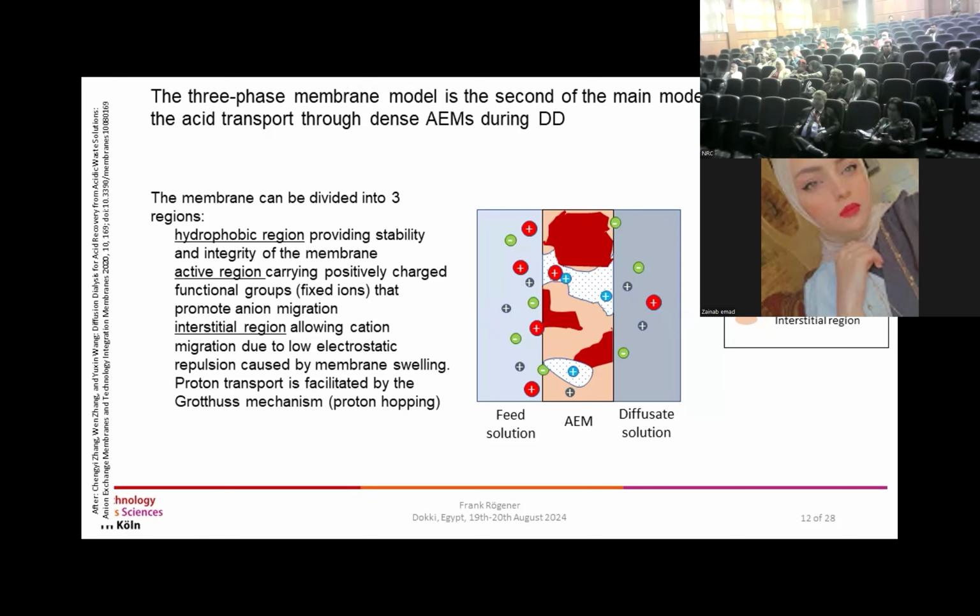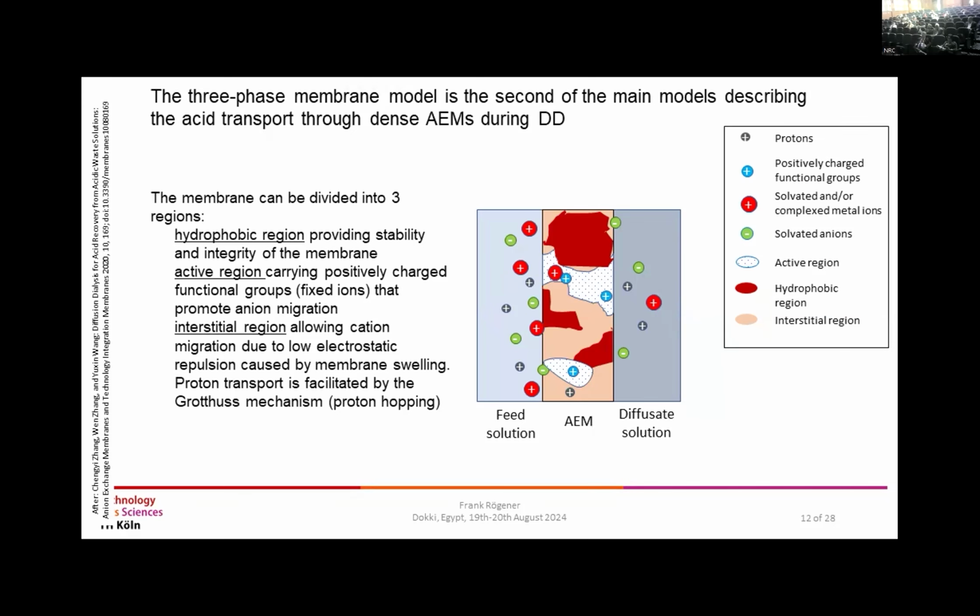So the membrane itself has a positive charge that should reject all of the metal ions, and it should also reject the protons, but it doesn't reject the protons. The protons move easily through the membrane, and this is the effect of the interstitial region. The transport of the different ions is different.